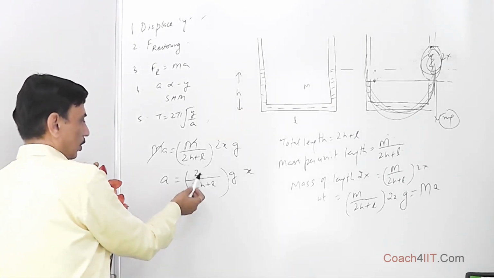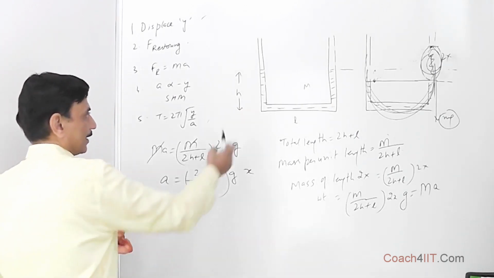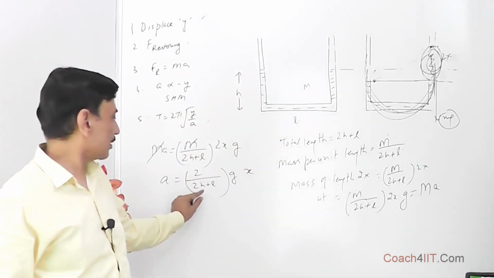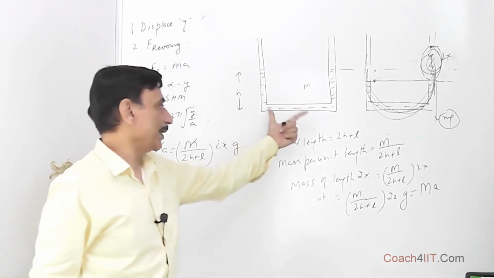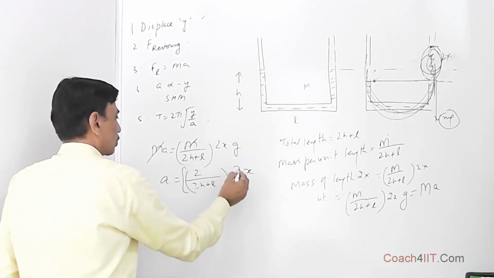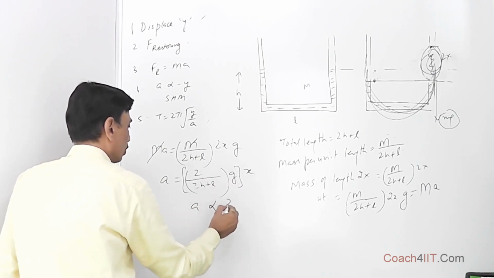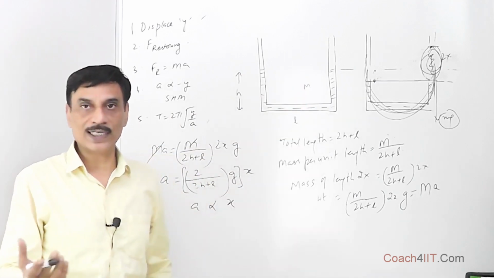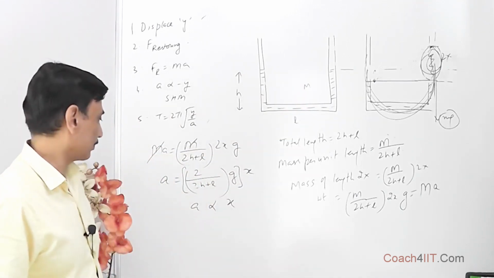Is it constant? Constant, constant, constant. H is constant, h is this length. Don't say it has varied. It has varied, but this h over here is the numerical value of this height. So 2h plus L is constant, g is constant. So over here we say acceleration is proportional to x. Either you displace by distance x or by distance y, that doesn't matter. The approach remains the same.